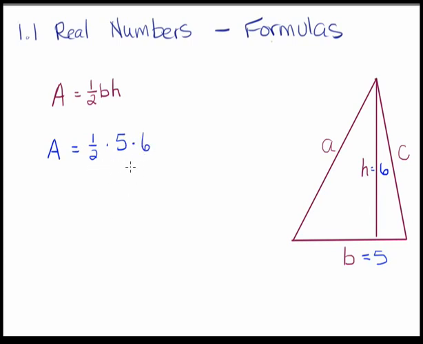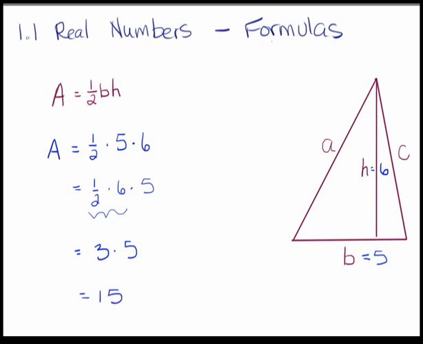I need to be comfortable working with multiplication involving fractions. Because multiplication can be done in any order, I could write this 1/2 times 6 times 5, and then I can think of this not as 1/2 times 6, but 1/2 of 6. Ultimately, I get an area of 15.